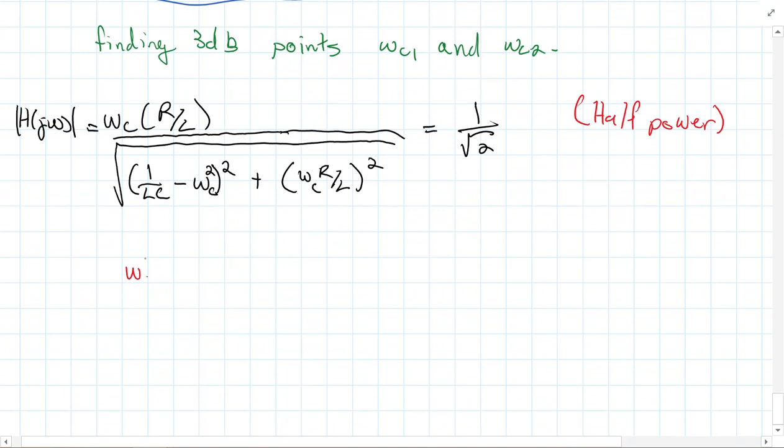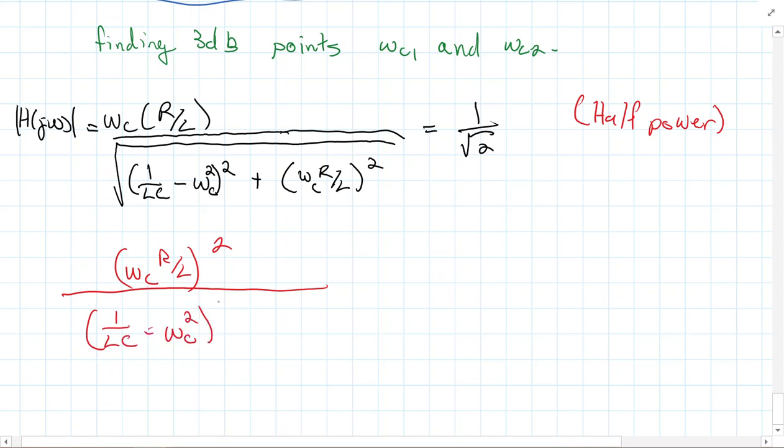So you'd have omega c r over L quantity squared over 1 over LC minus omega c squared quantity squared plus omega c r over L squared is equal to 1/2.